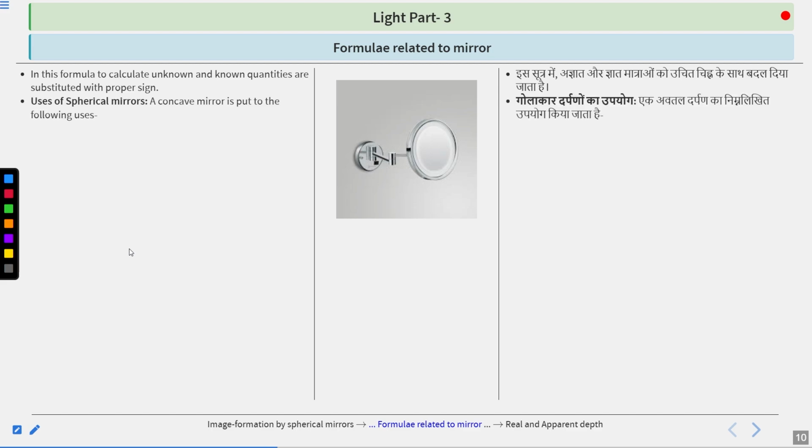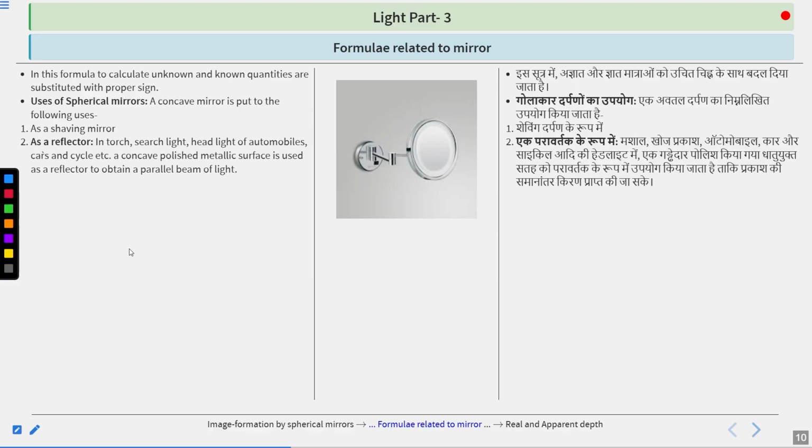Uses of spherical mirrors: a concave mirror could be used for the following purposes. It could be used as a shaving mirror, as a reflector in torch, searchlight, headlight of automobiles, cars, and cycles, etc. A concave, polished, metallic surface is used as a reflector to obtain a parallel beam of light.